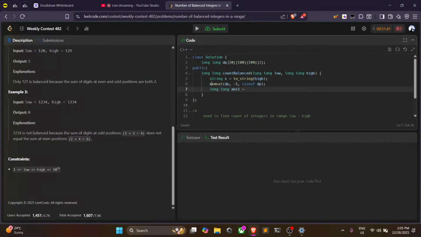High will be answer 1, and it should be the digit DP function. The function will go with current index, then how many odd and even sums there are, then we should have the tight bound.